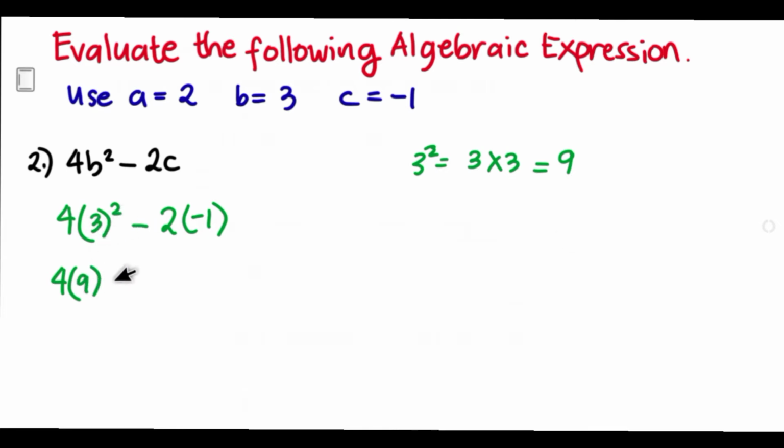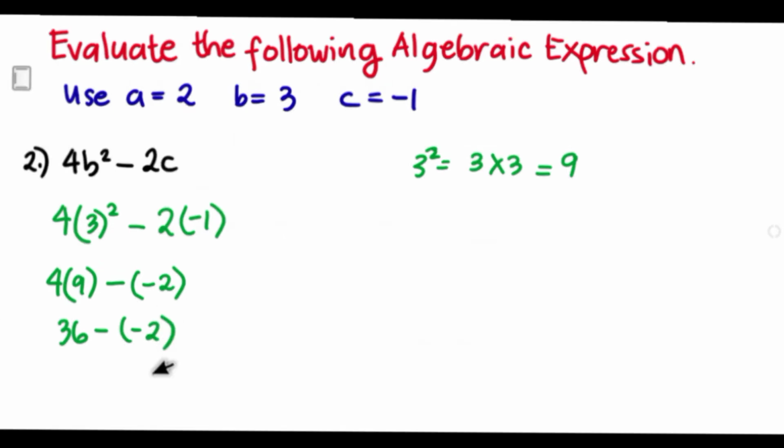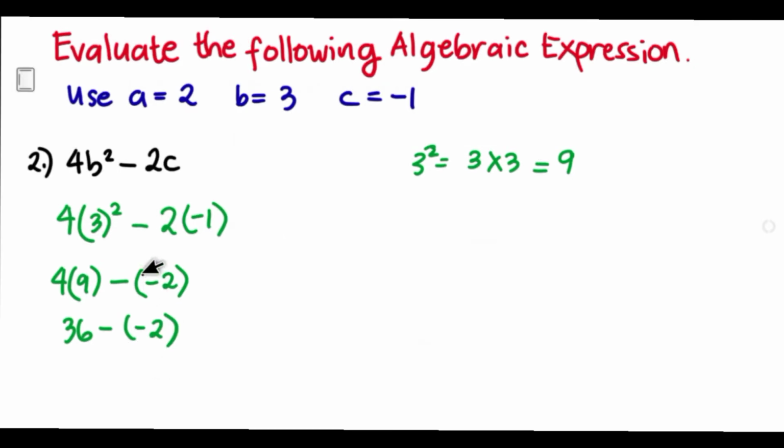Lagay natin dito. Minus 2 times -1. The answer is -2. So that will be 4 times 9, 36. Minus -2. So yung subtrahend, magbabago po ng sign, di ba? So, kung negative siya, magiging positive. And then, yung subtraction, magiging addition.